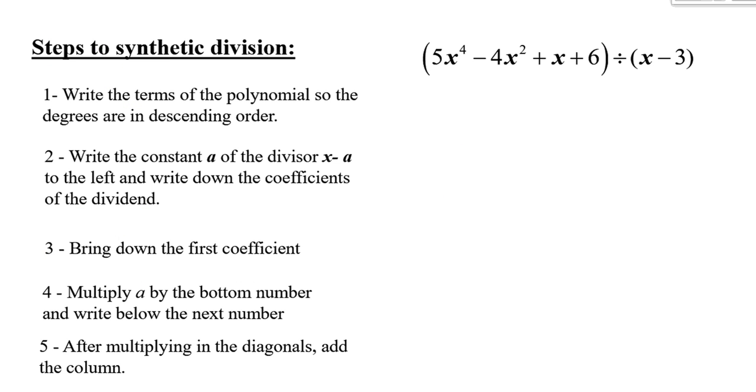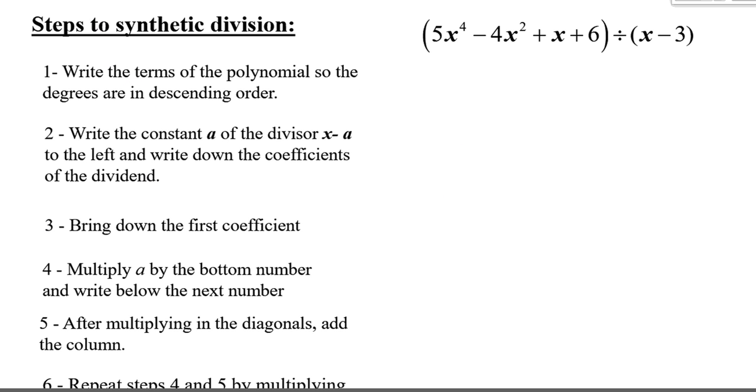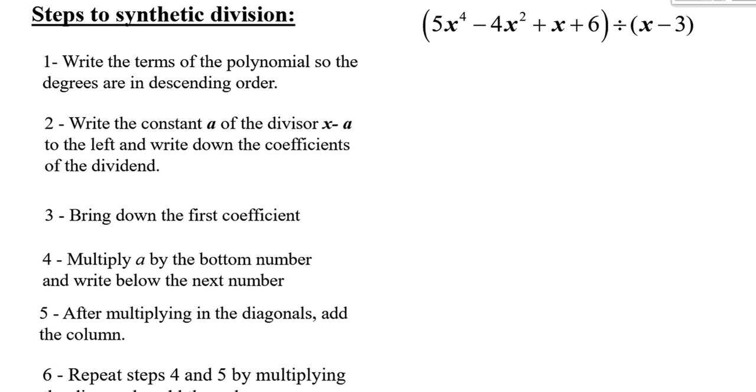Okay, synthetic division process. Once you see this, you'll remember it because back then when you learned it, you were like, oh, this is so much easier than long division. Write the terms of the polynomial in descending order. So regular old standard form: 5x to the fourth minus 4x squared plus x plus 6.